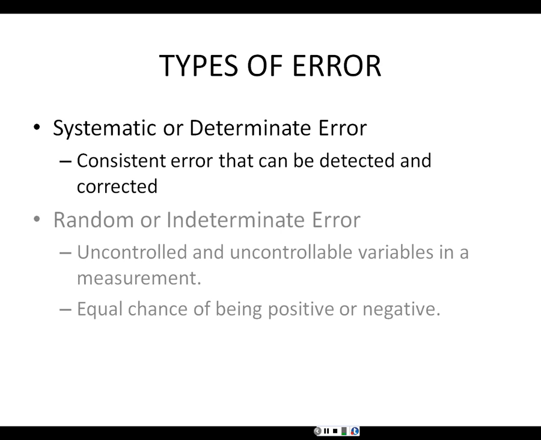This error is different from random or indeterminate error. Random error tends to be analyst error, and we can control it to some extent by improving skill and procedures, but there's no way to eliminate random error completely. So it's where you splatter a solution when you're transferring it.